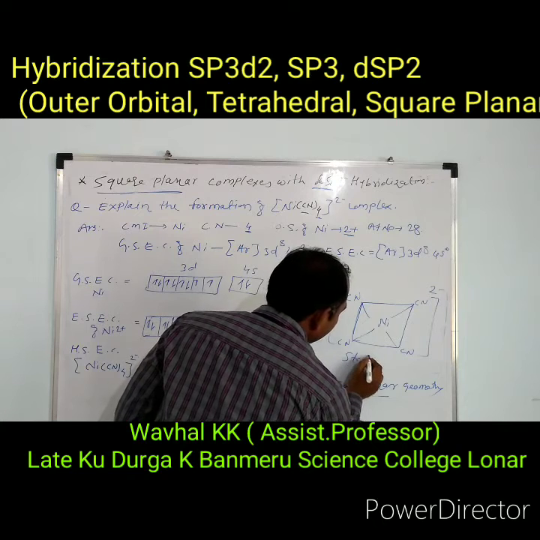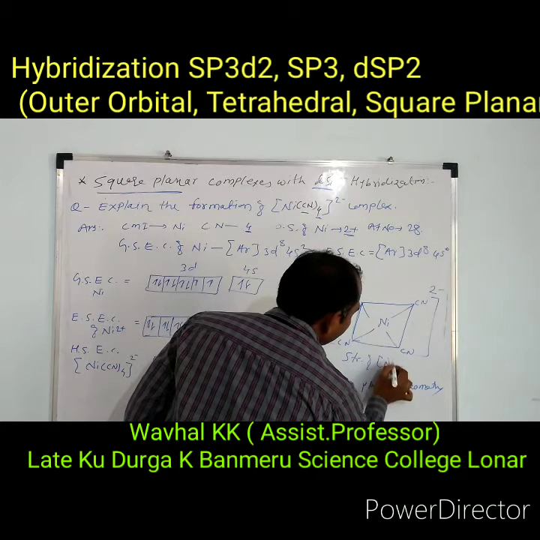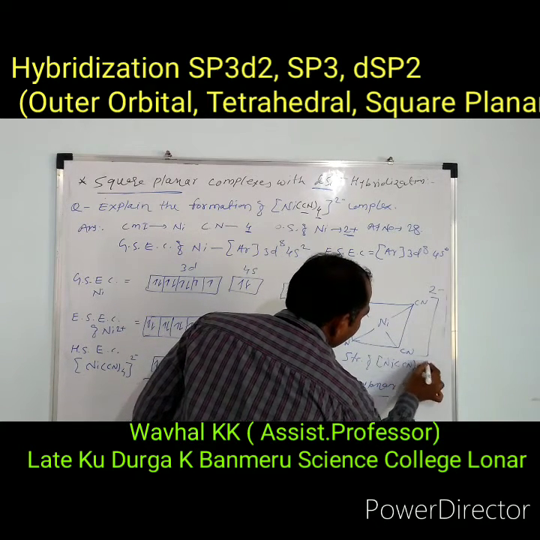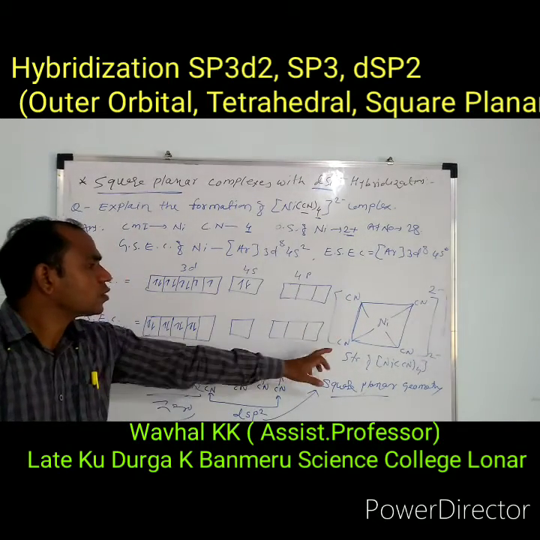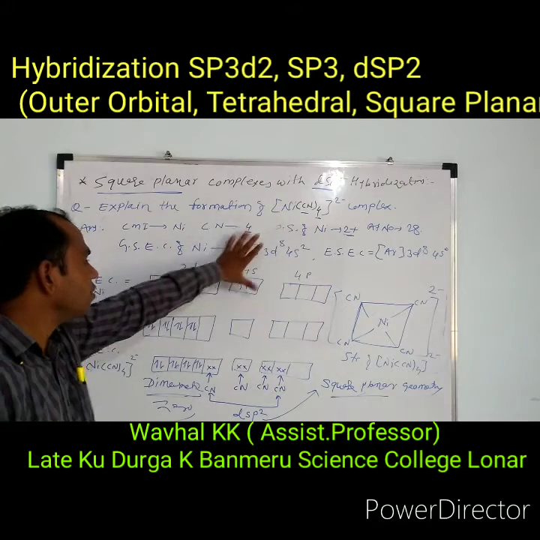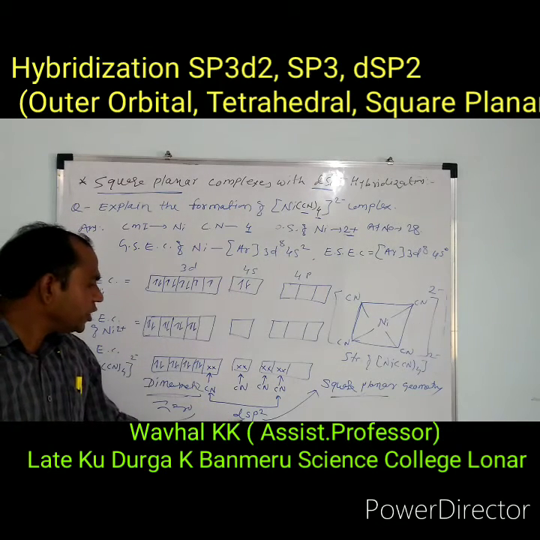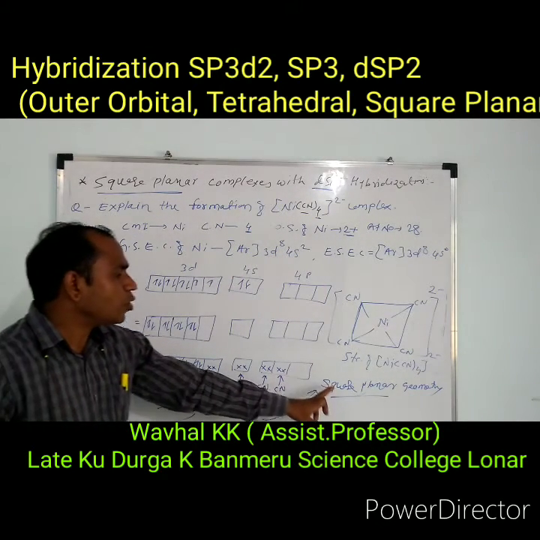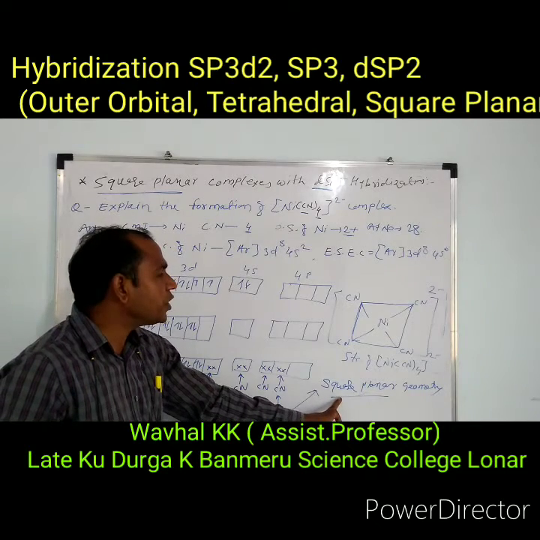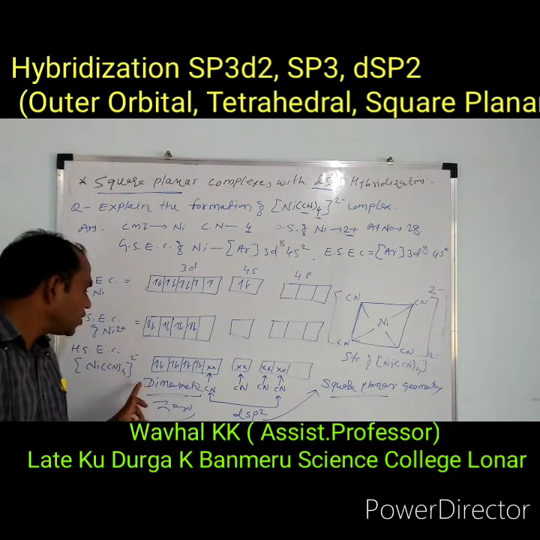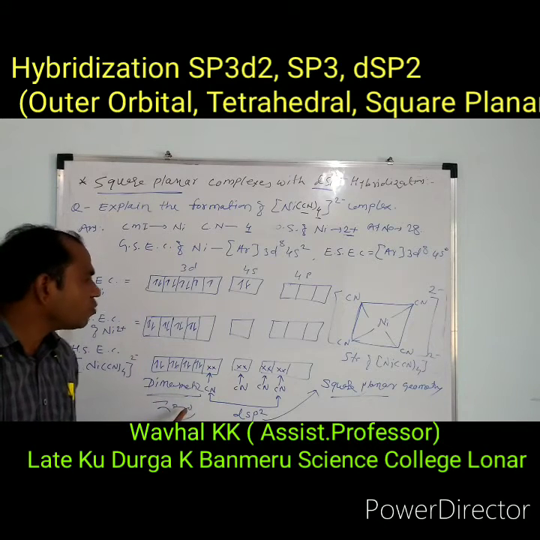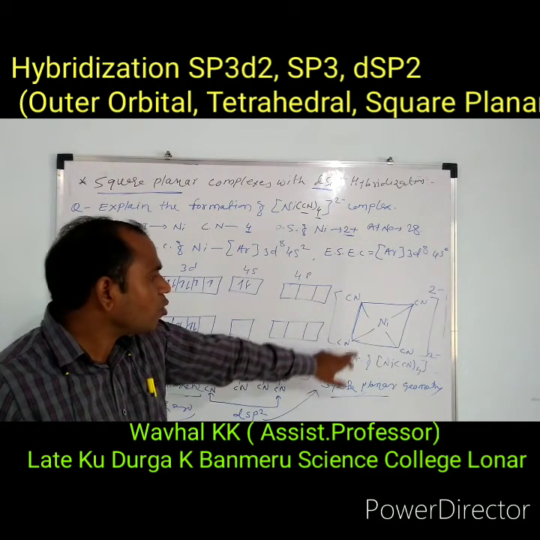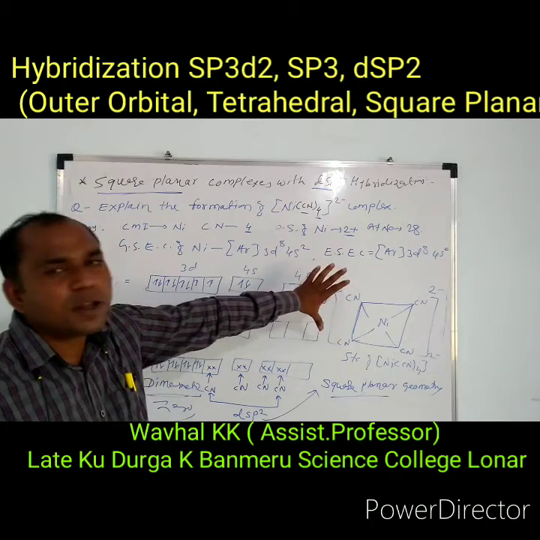This is the structure of the [Ni(CN)4] dinegative complex. It shows dsp2 hybridization, the geometry is square planar, the magnetic nature is diamagnetic, and the magnetic moment is 0.